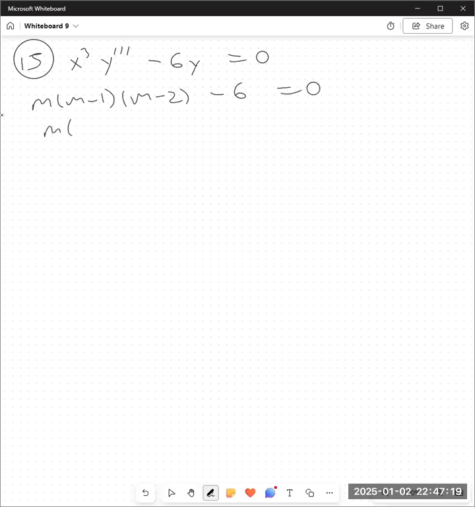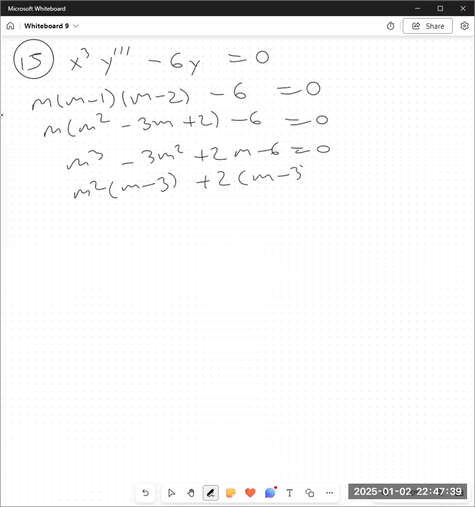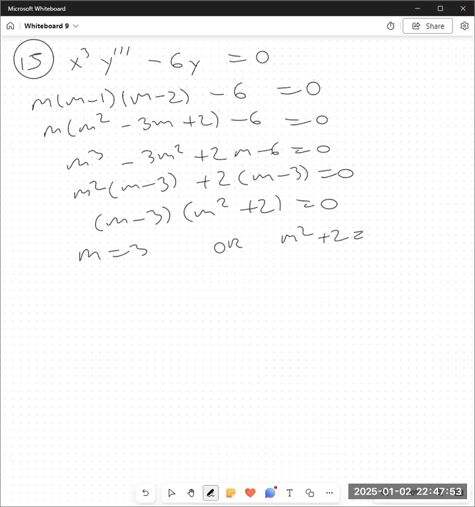So this is m times m squared minus 3m plus 2 minus 6 equals 0. m cubed minus 3m squared plus 2m minus 6 is 0. m squared times m minus 3 plus 2 times m minus 3 is equal to 0. m minus 3 times m squared plus 2 equals 0. m equals 3, or m squared plus 2 equals 0.